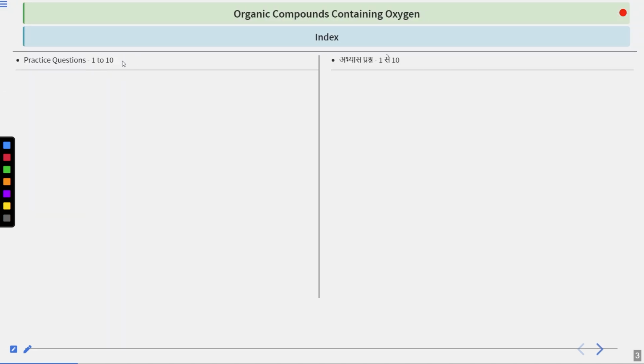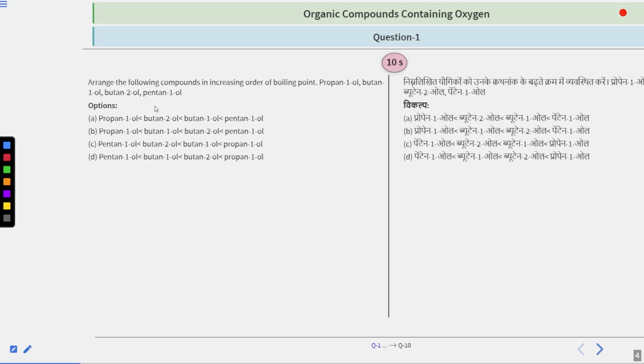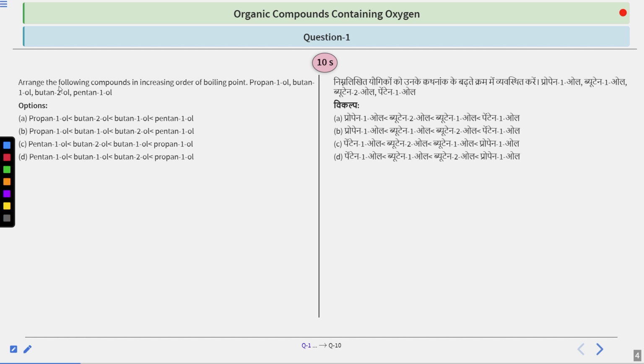We are going to see some practice questions from question number 1 to question number 10. Our first question: arrange the following compounds in increasing order of boiling point. Propane 1-ol, butane 1-ol, butane 2-ol, pentane 1-ol.